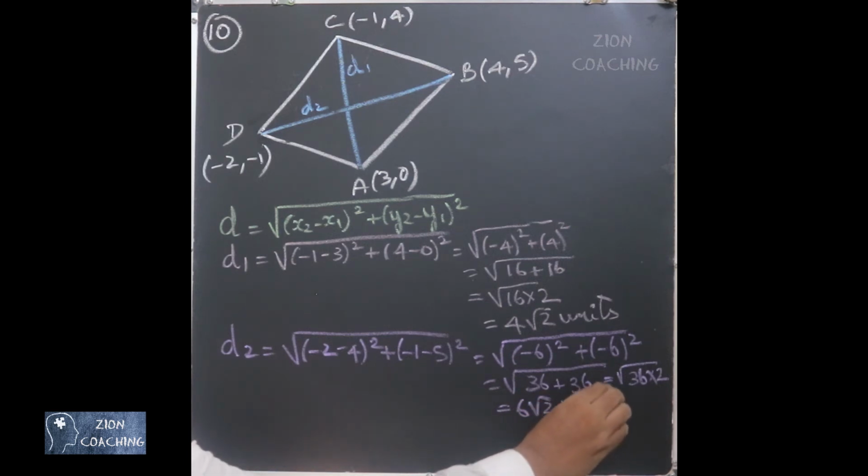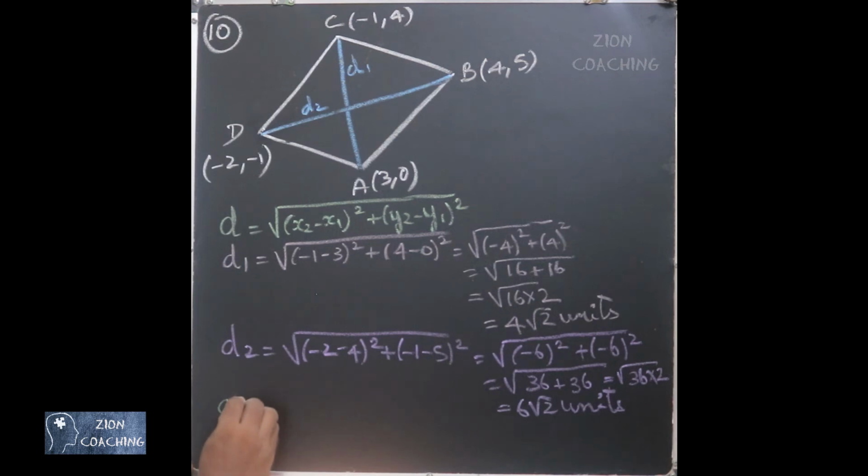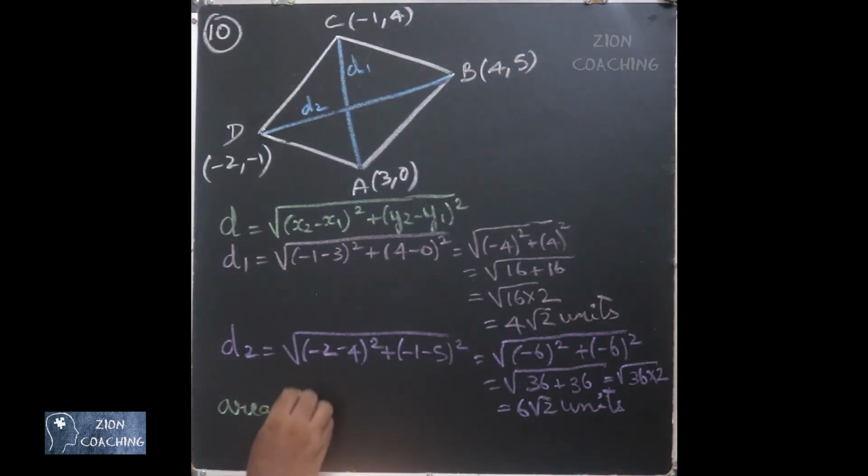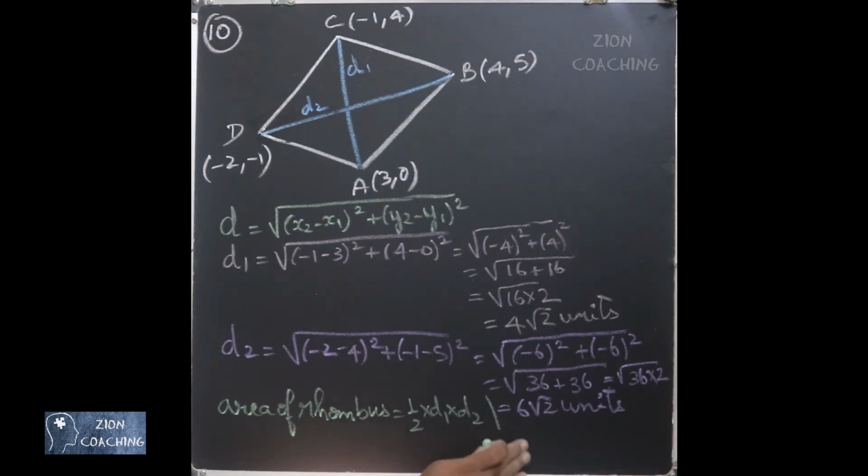Now we have found the measurements of D1 and D2. The formula is area of rhombus is equal to half into the product of the diagonals, that is D1 into D2. I am going to substitute the values there.